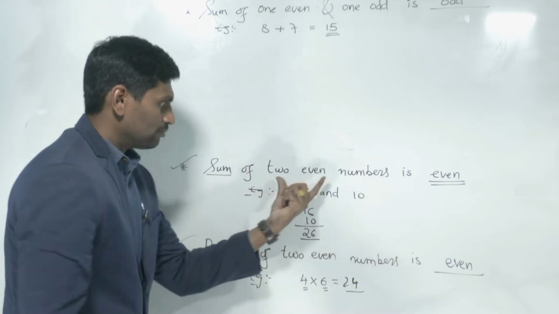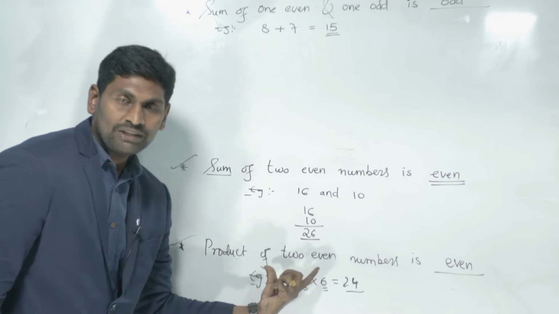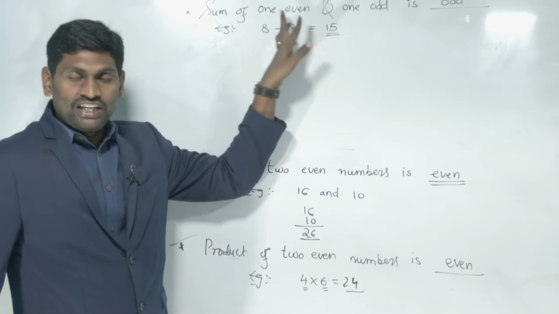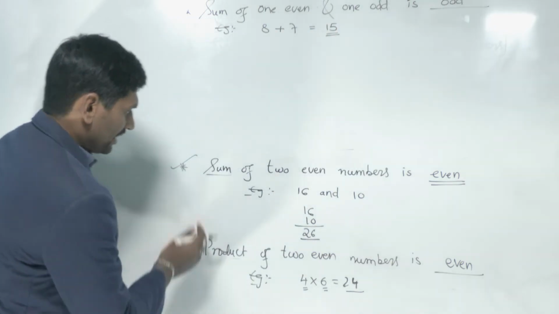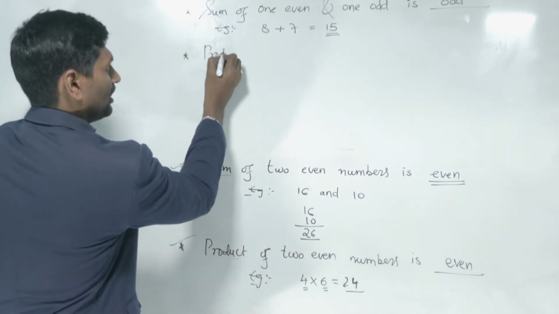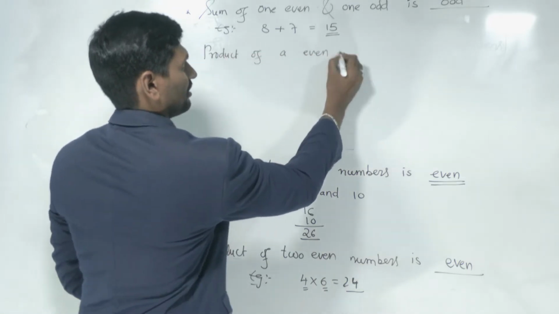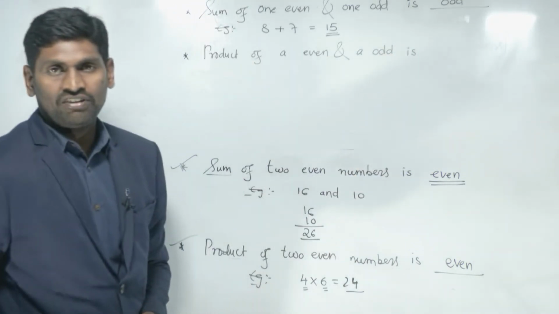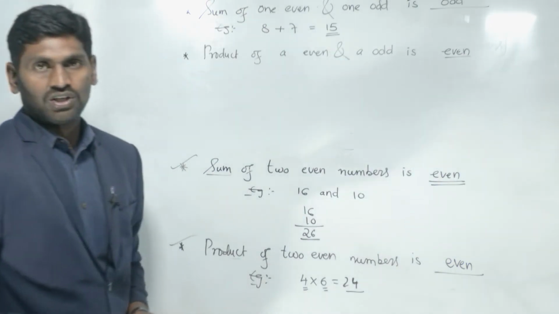Same, even numbers. Both are even numbers. Answer is even. Product also. Multiply both even numbers. They are also even. But here I changed. One even number, one odd number I added. What is coming? Odd number. Same like sum is completed. Now multiplication. Product of an even number and an odd number is always even.